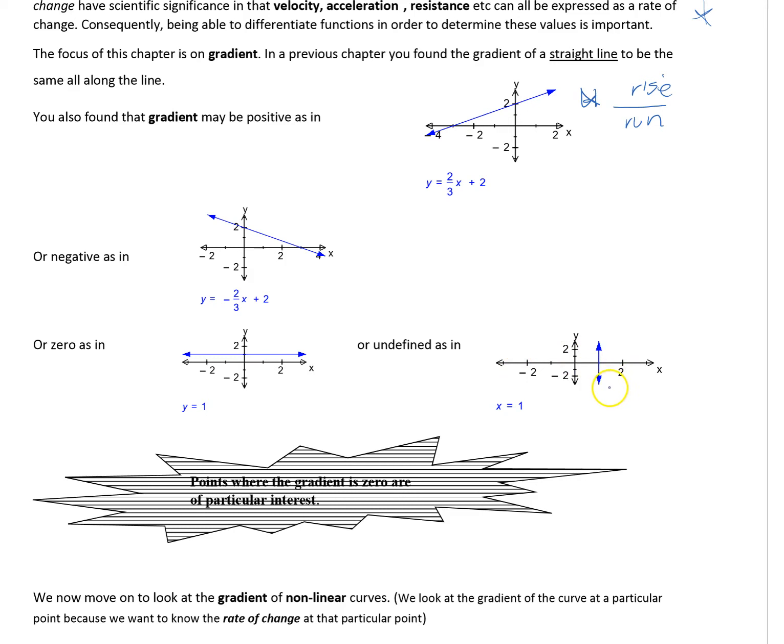In fact, we can't differentiate at that point because the gradient is undefined at that point. And if the gradient is undefined, then the derivative is also undefined. The gradient can be zero, and that is not undefined. Zero is not undefined. And so we'll see the difference between these two.